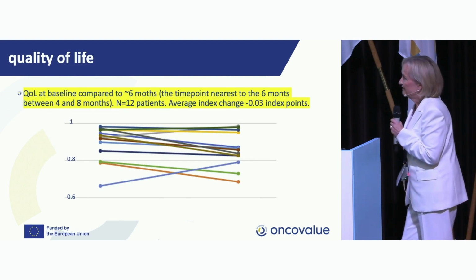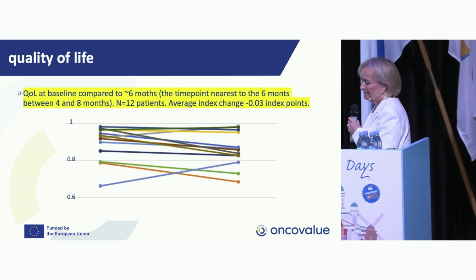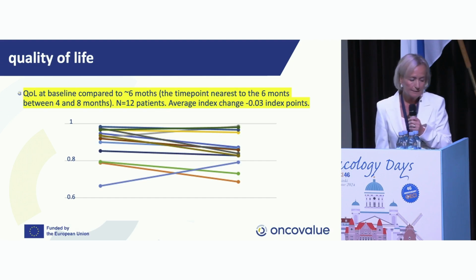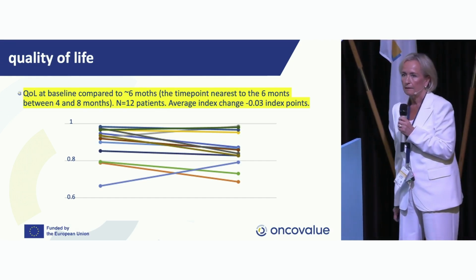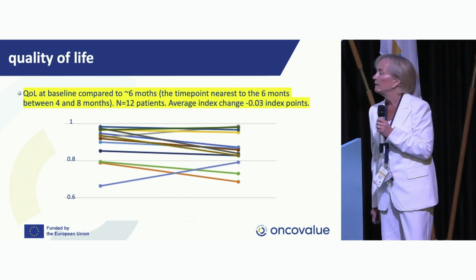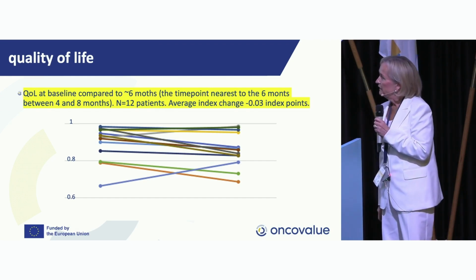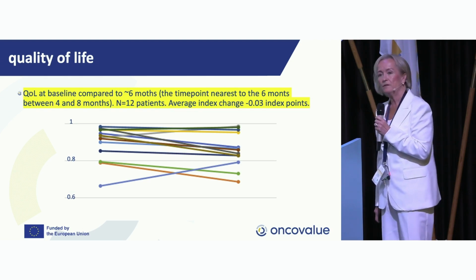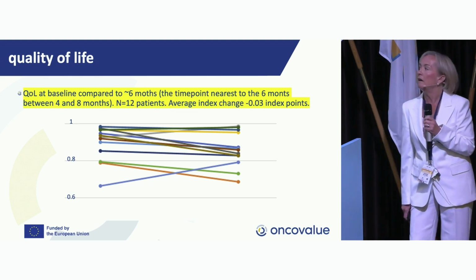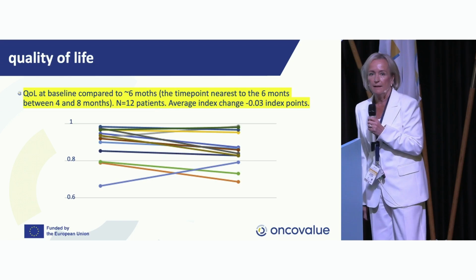And nowadays at our hospital, we have collected the quality of life outside clinical trials as clinical routine for 1.5 years. And here you can see that only 12 patients had responded to the digital questionnaire at baseline and at 6 months.